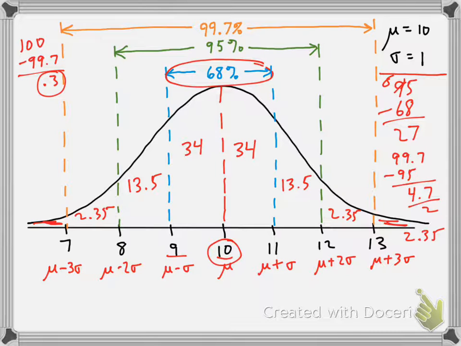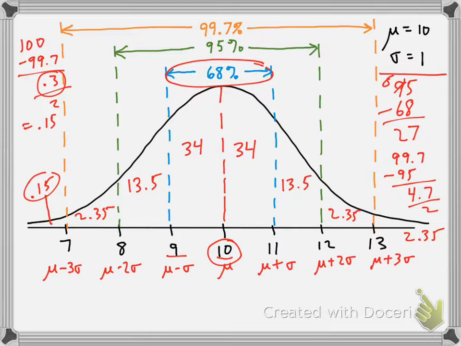And again, this normal shaped curve is symmetrical with respect to the mean, which means that these two sections have the same area. And if they have the same area, if we divide 0.3 by 2, we get 0.15. So 0.15 is the area of that region right there, or in other words, 0.15% of the data is less than 7 here, or less than 3 standard deviations to the left of the mean.